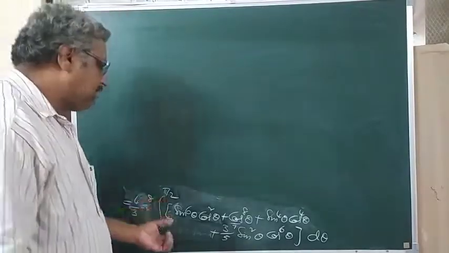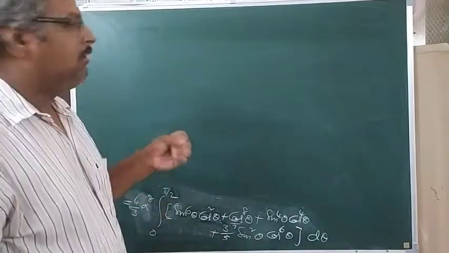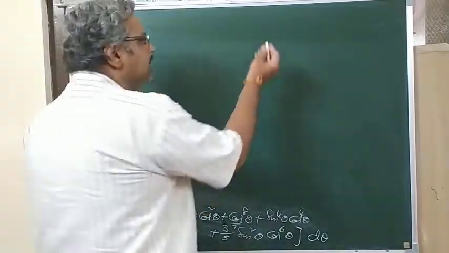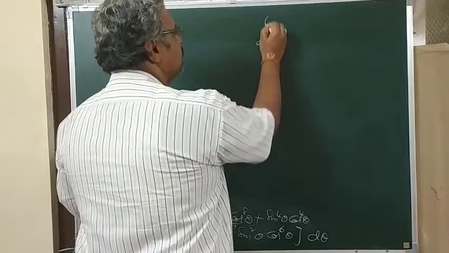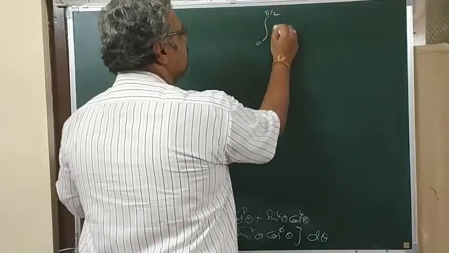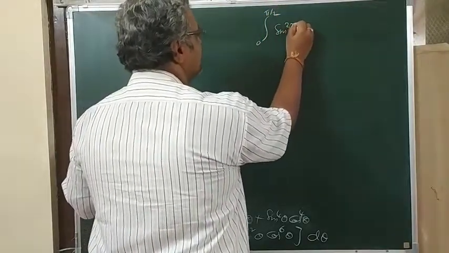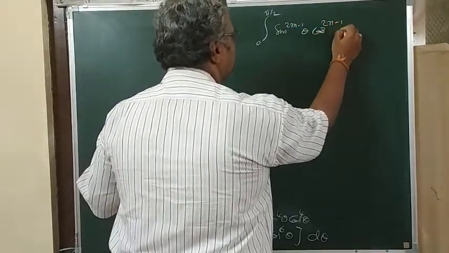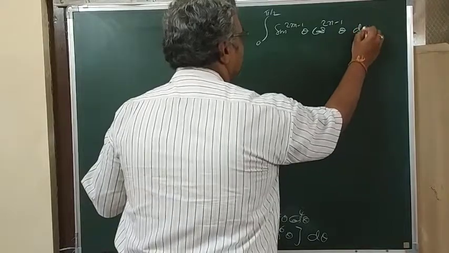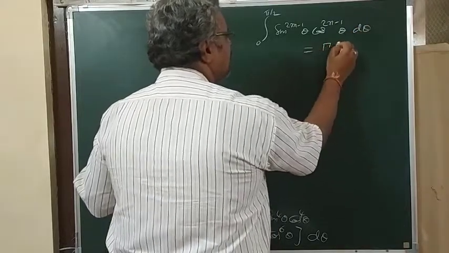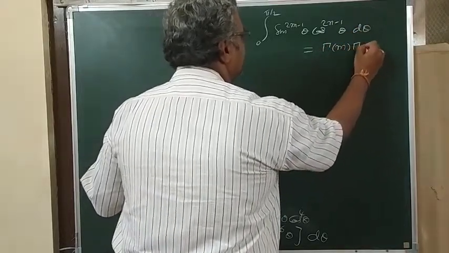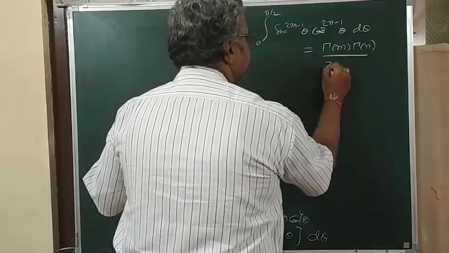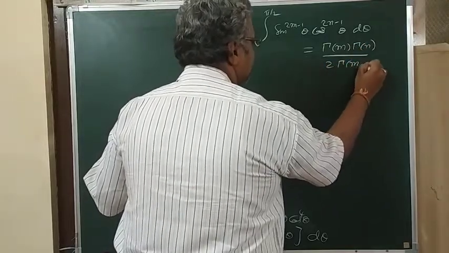Okay, for the evaluation of this integral, we will use a very important formula. Integral 0 to pi by 2 sin power 2m minus 1 theta cos power 2n minus 1 theta d theta equals gamma m into gamma n by 2 times gamma m plus n.